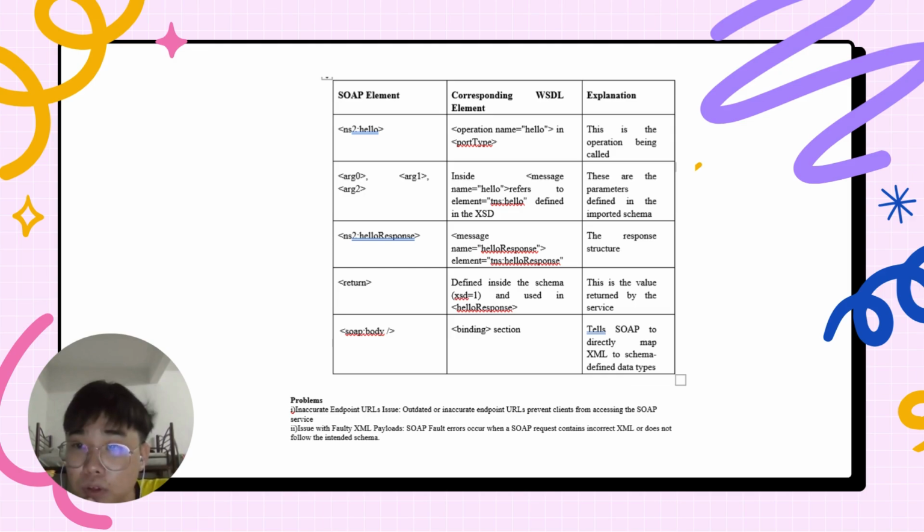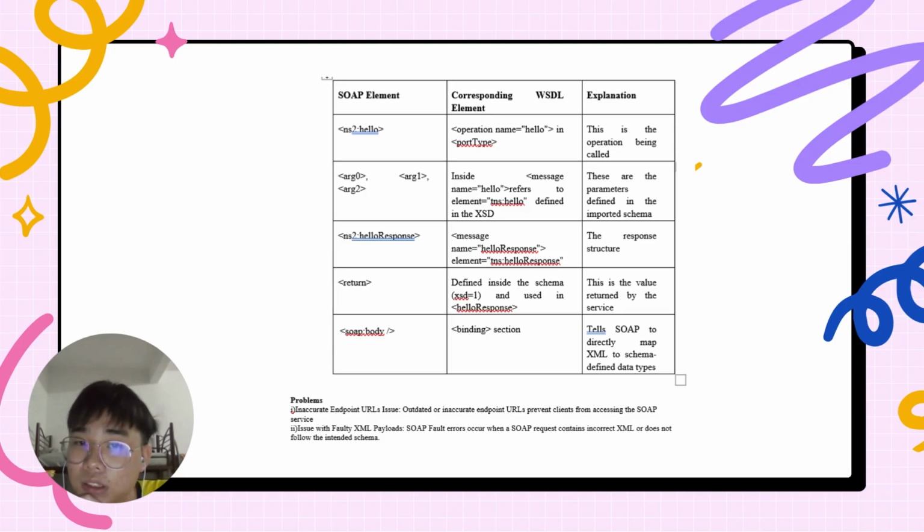And the problems that I faced, there are two problems. Firstly is the inaccurate endpoint URL issue, where an outdated or inaccurate endpoint URL prevents clients from accessing the SOAP service.